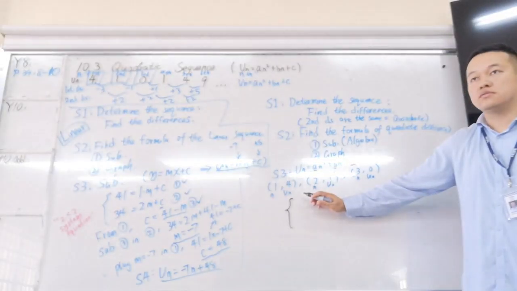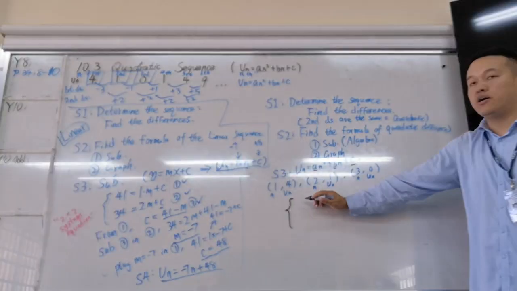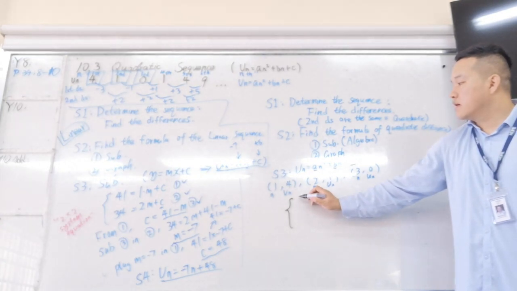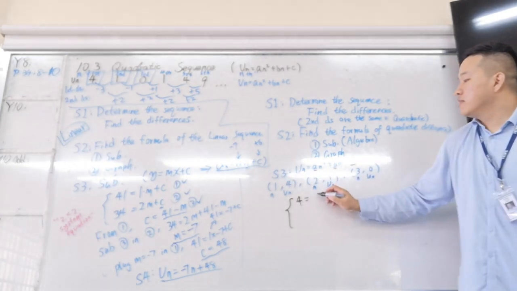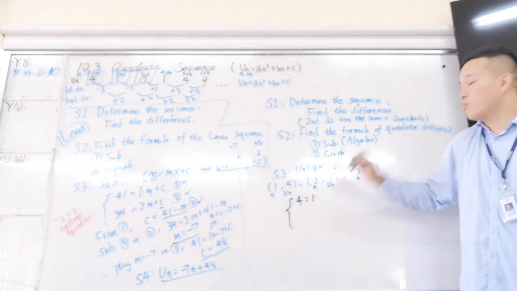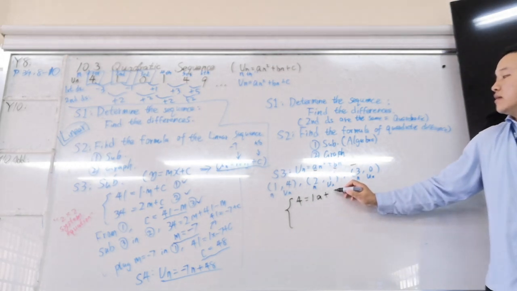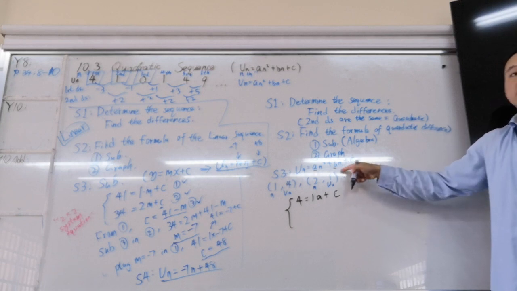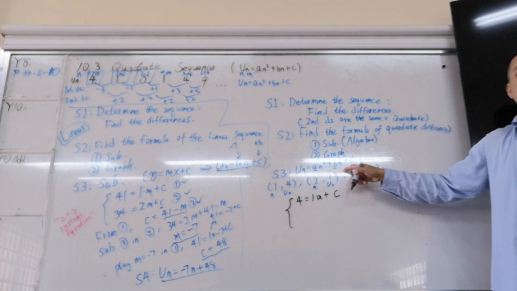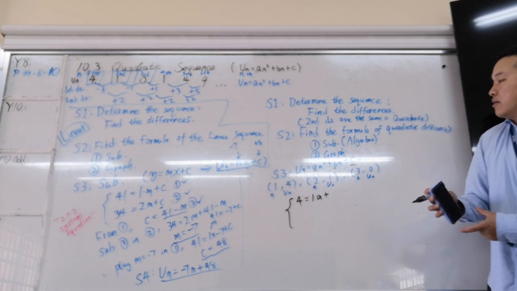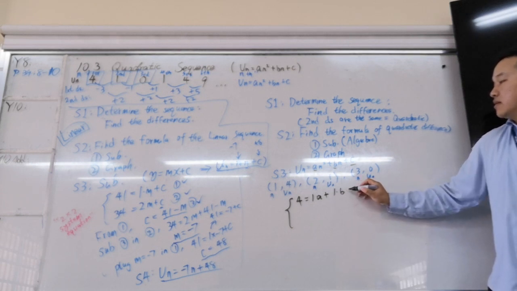Now Evelyn, tell us what those three equations are if you plug them all in. The first one: 4 equals 1a plus 1b plus c.